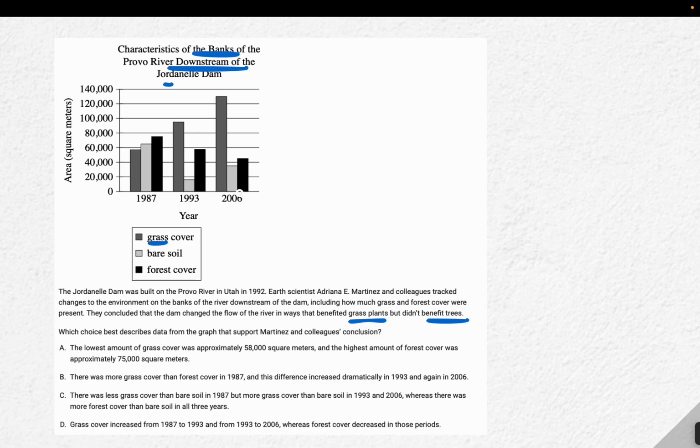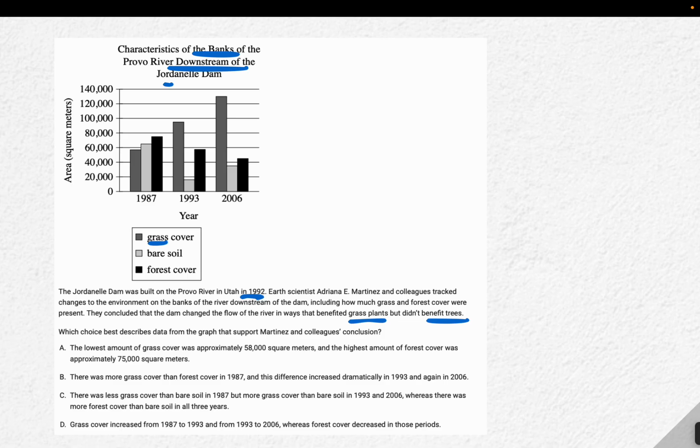The graph shows the characteristics of the banks of the river downstream of the dam in 3 different years. The text indicates that the dam was built in 1992. Over here it says that it was created in 1992.